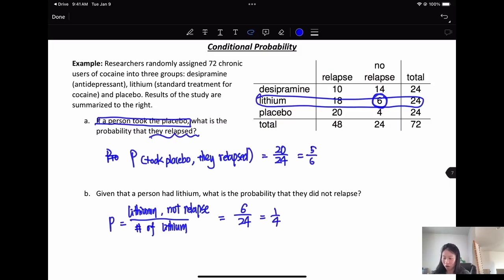Okay, so this is called conditional probability.